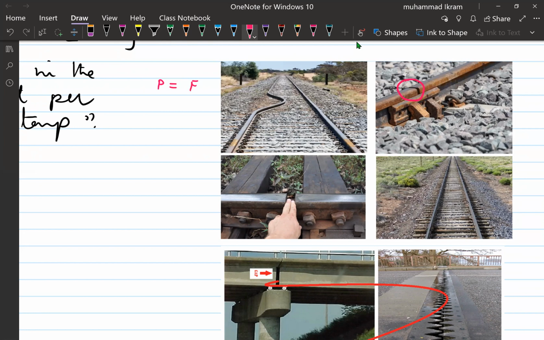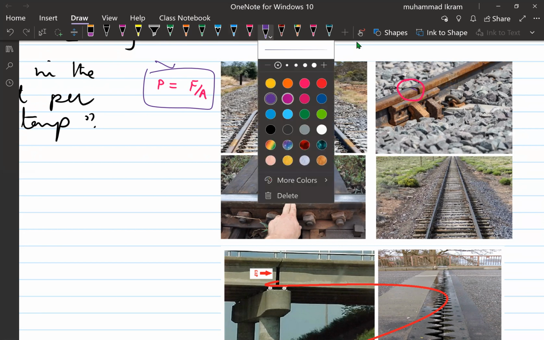Force per unit area. So if the area is very small, as you see, then even a small force can produce a very large pressure, which may bulge the train track. So you see the distortion in the train track.